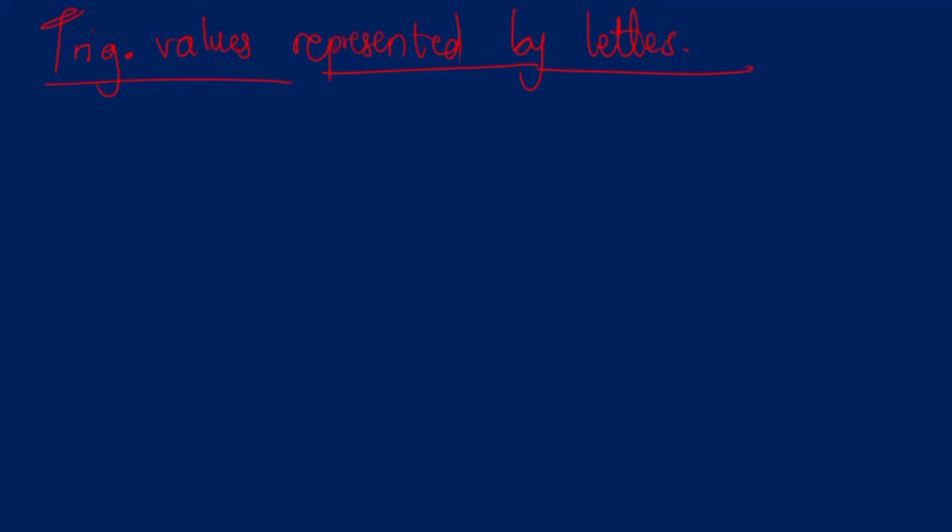So here's what's happening here. Let's say you have an example that says, if tan 22 degrees is equals to k, write down the following in terms of k.